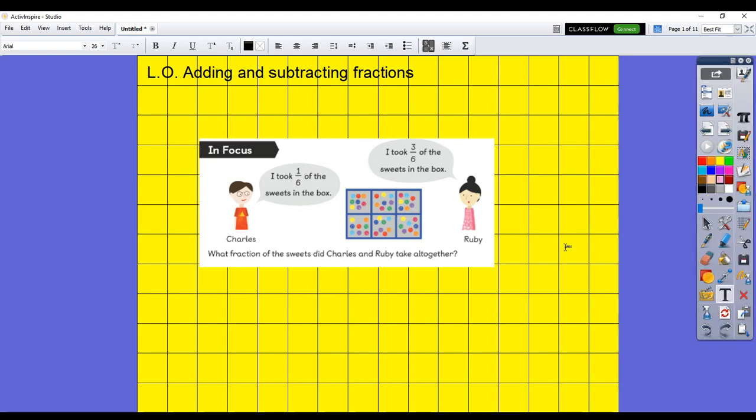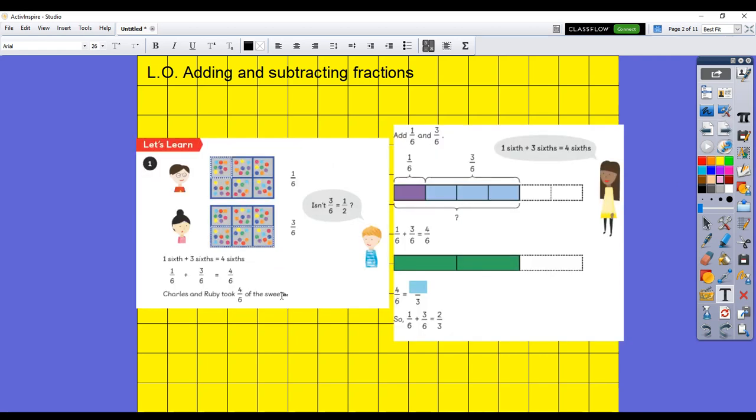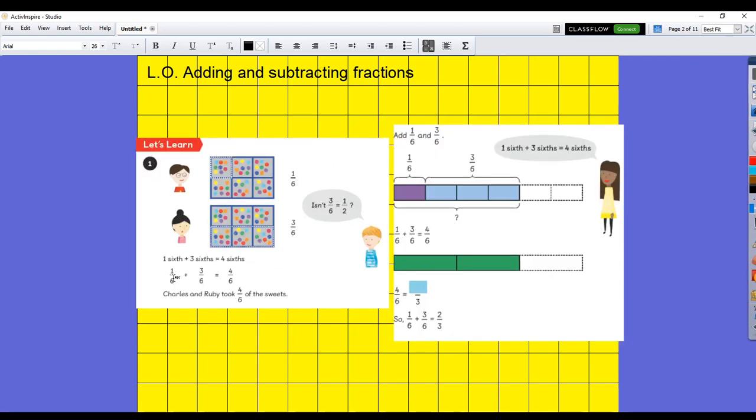Okay, so our calculation would be 3/6 add 1/6. So we would know 1/6 add 3/6 is going to equal 4/6 because 1 add 3 equals 4. Okay, so Charles and Ruby took 4/6 of the sweets.